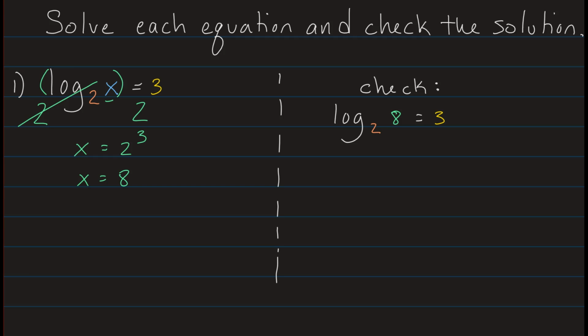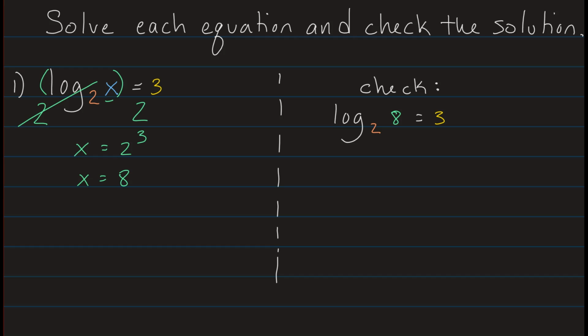So from last week we learned that when we have a log of a number, what we're asking is, what power do you raise the base to equal the argument? So what power do you raise 2 to be 8? You raise 2 to the power of 3 to equal 8.